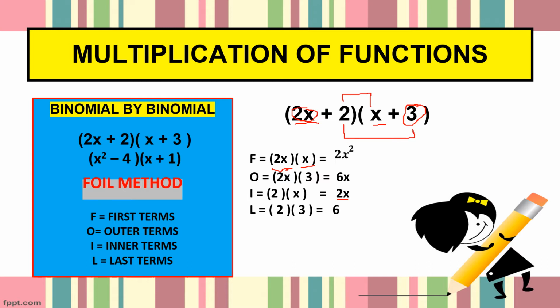So, 2 times 3 equals 6. Alright, and then the final answer, by combining all of these terms, is 2x squared plus 8x plus 6. So, how did I get positive 8x? Here, by combining your outer and inner terms. Okay.